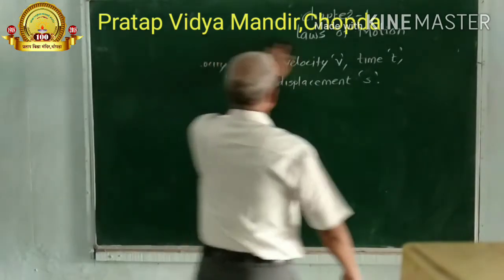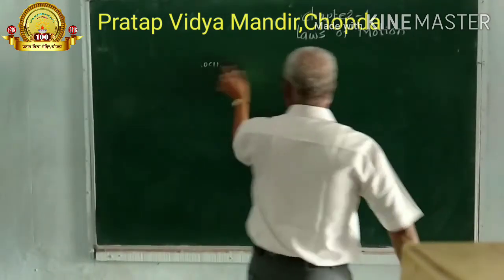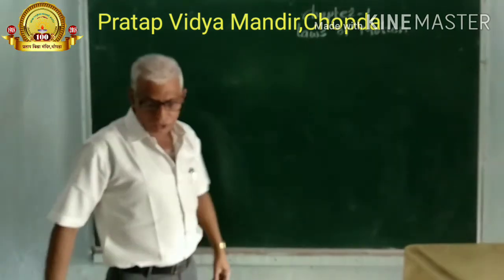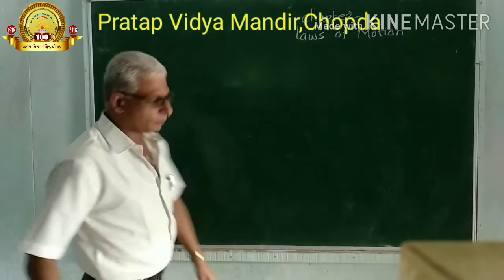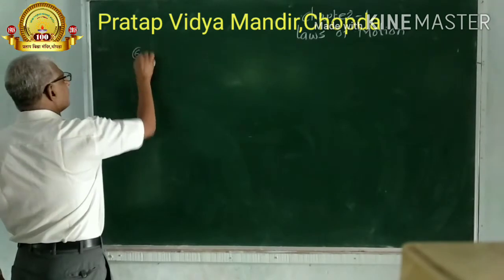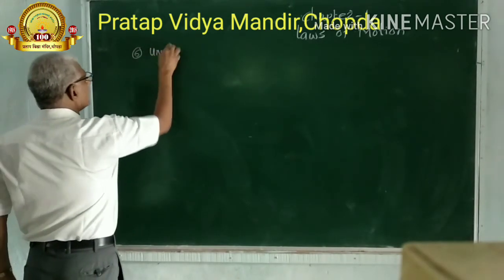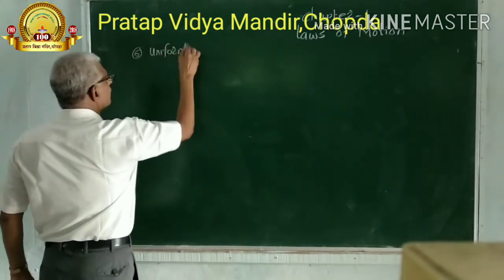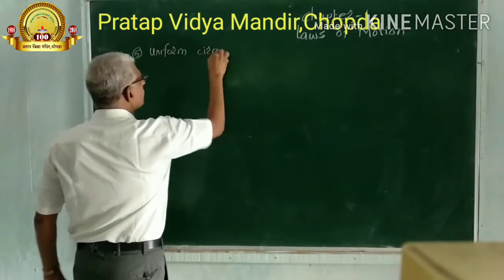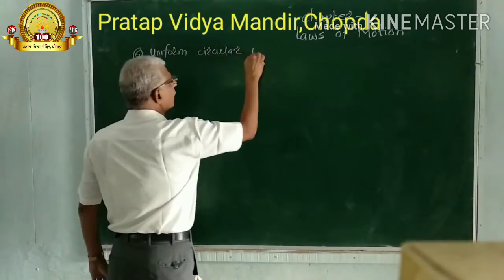Then the next point, the sixth point, we have learned here: uniform circular motion.